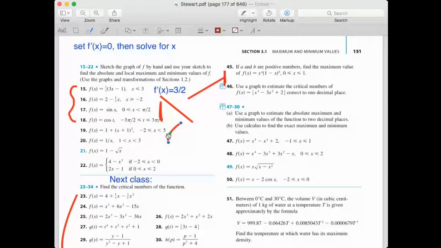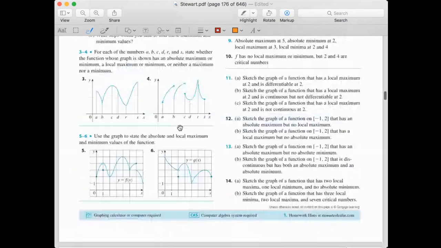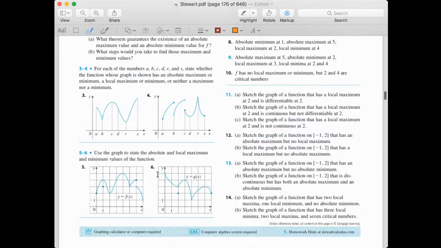But we don't get a local maximum because pi over 2 is not in the domain. So we have an open circle. I won't be able to draw the open circle, so let me just put an open circle right here.